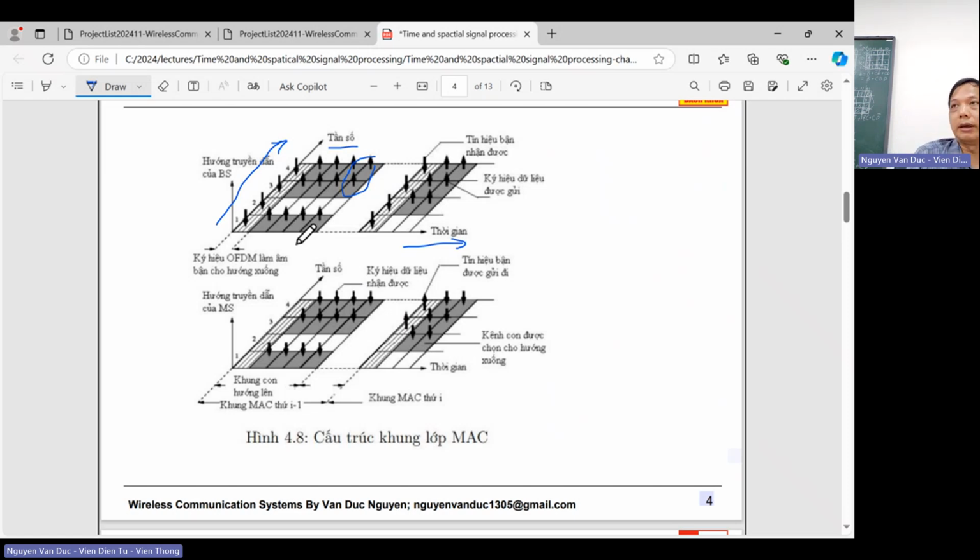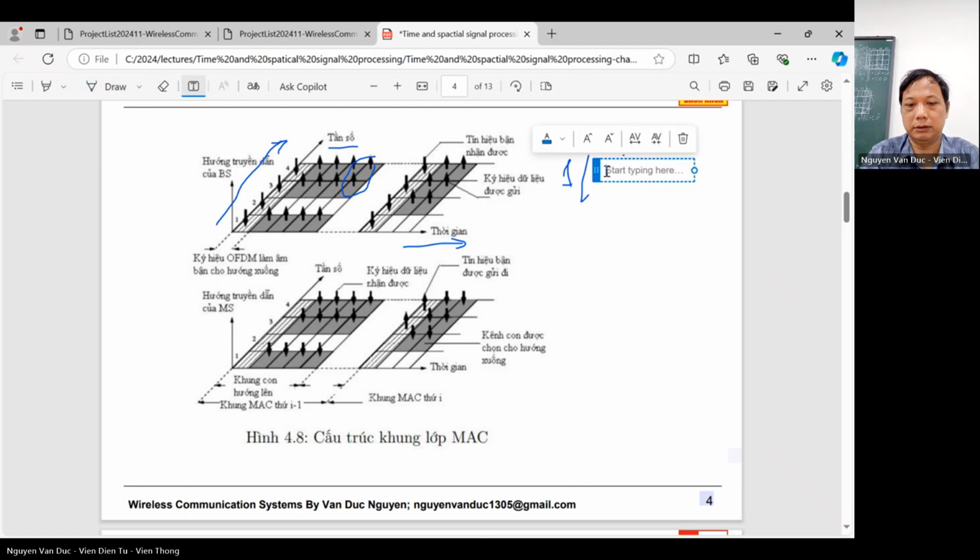The process to estimate the channel in the frequency domain is conducted in 3 steps. The first step is to insert the pilot symbol in the frequency domain.